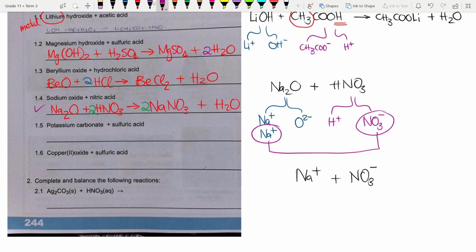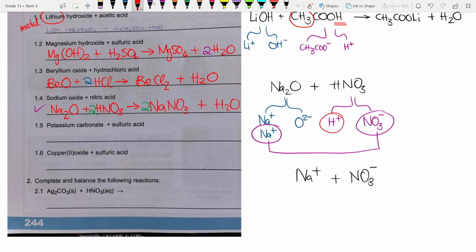You can see that the Na is just Na plus. From the periodic table, you can see that Na just has a plus, no 2, no 3, but oxygen has a 2 minus. So to make Na2O, I need 2 Na pluses and 1 O2 minus. And then for HNO3, H is H plus.